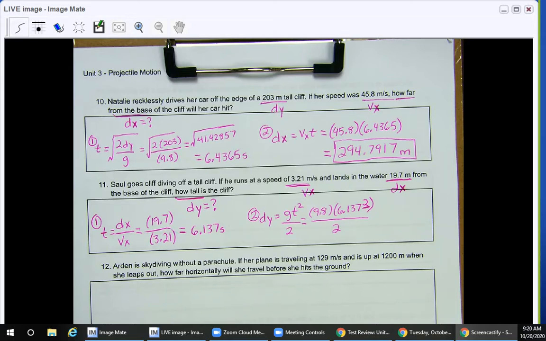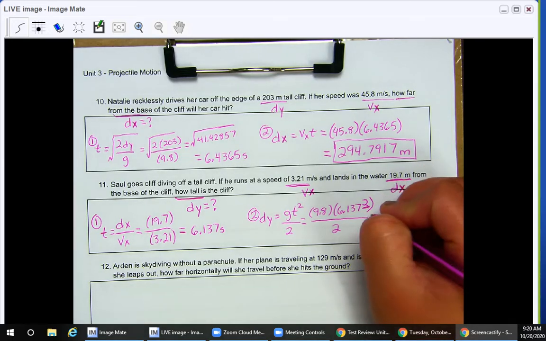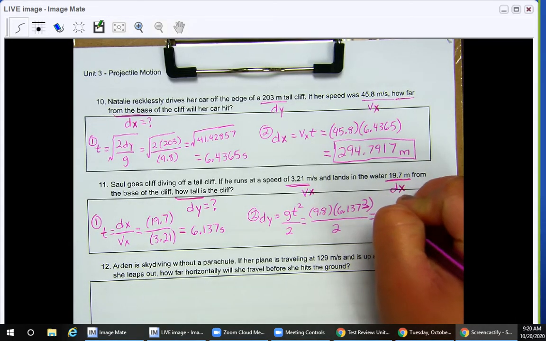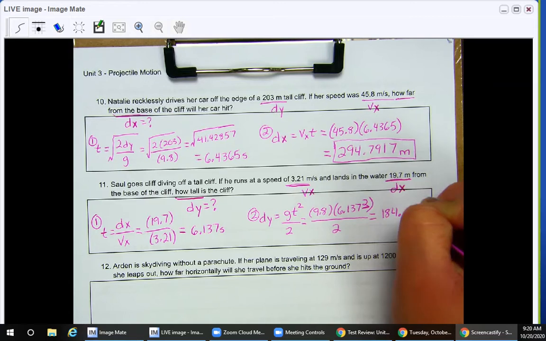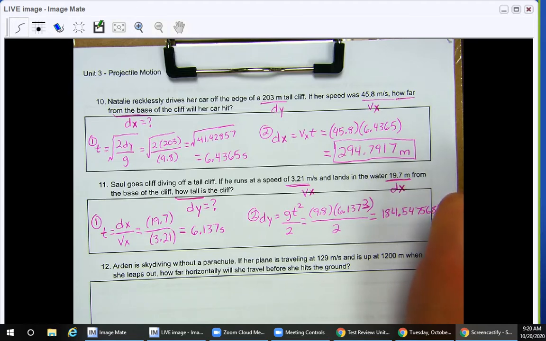So time squared times 9.8 divided by 2. Your dy should be 184.55681 meters.